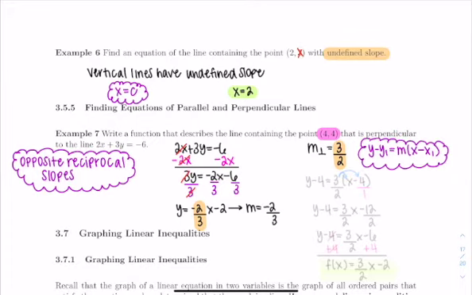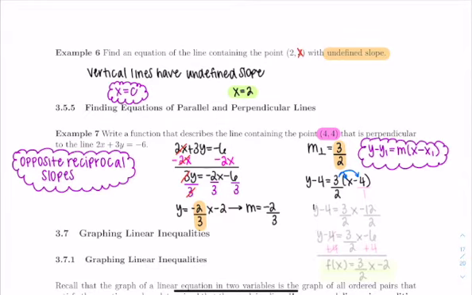Let's go ahead and plug this in. We've got y minus 4 equals 3/2 times x minus 4. We want to distribute the 3/2 into both pieces.